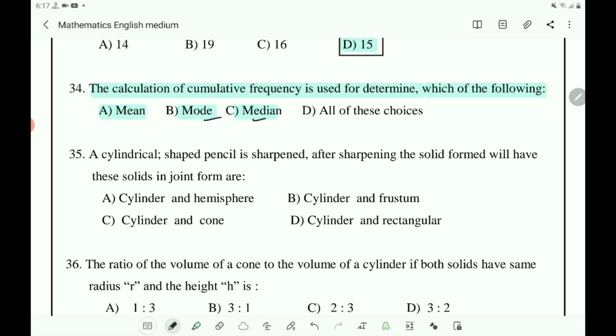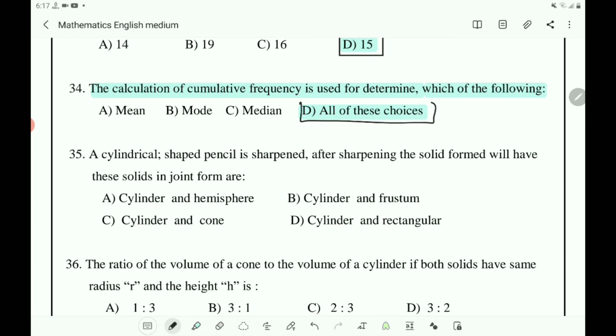You can find the mean by using the empirical formula which says the relation among mean, median, mode. So that you can select the answer. Which answer can be noted here? That is all of these.